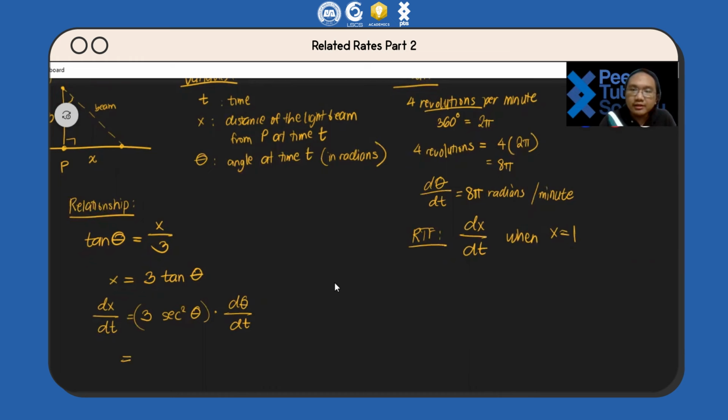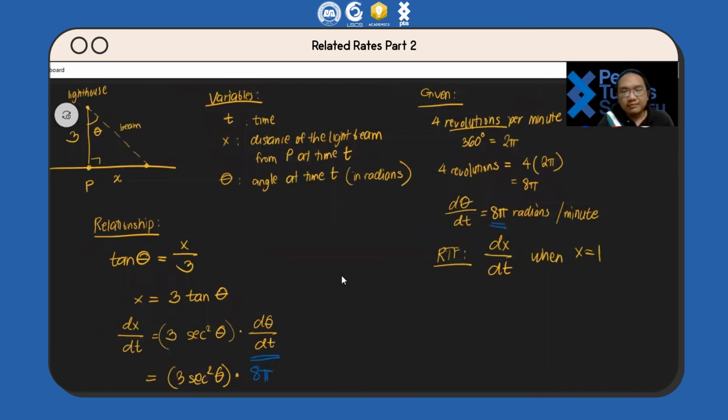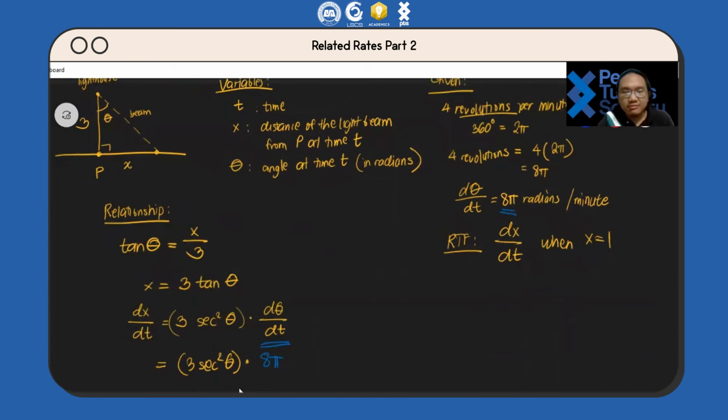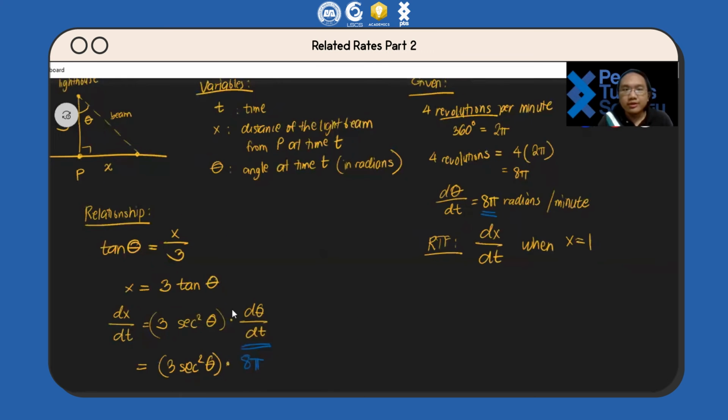We know that dθ/dt is equal to 8 pi. So 3 secant squared theta multiplied by 8 pi. But then, we don't really know what theta is, or what secant squared theta is. So we first need to find a way to resolve this. The question is how?